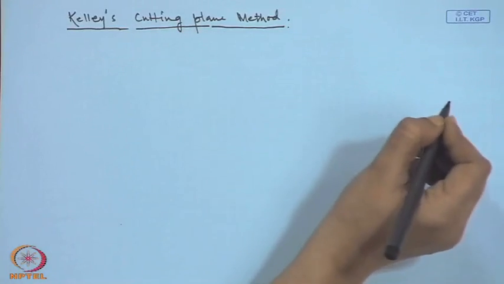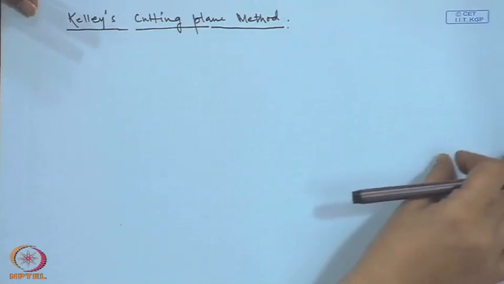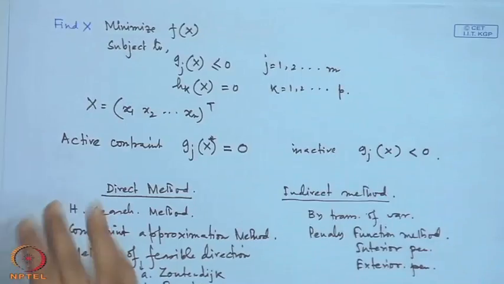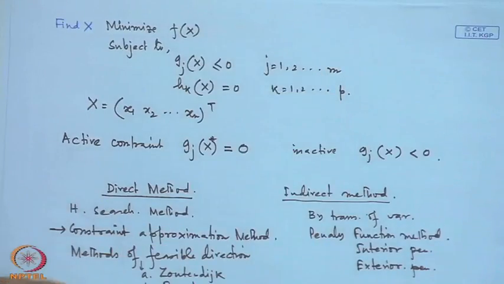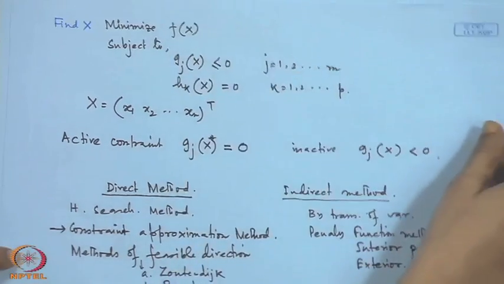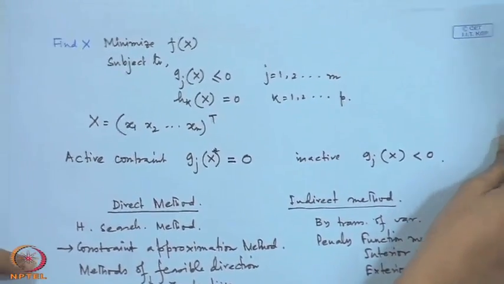This method is very nice in this sense: the basic philosophy is that the nonlinear functions f(x), g_j(x) and h_k(x) are in nonlinear form. All the nonlinear functions are approximated with linear functions, and a sequence of linear programming problems is solved, and at the end we reach the optimal solution of the original problem.